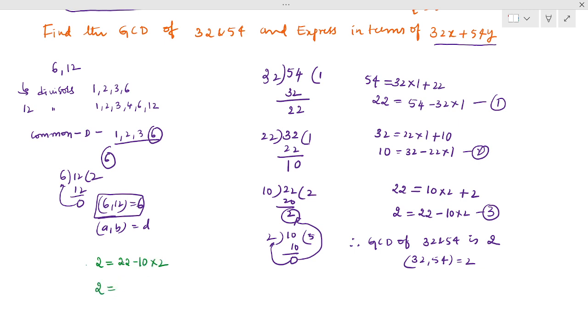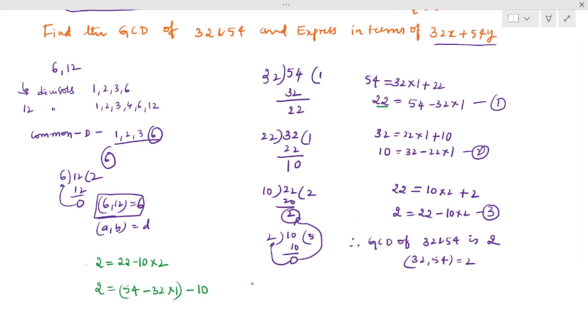2 is equal to 22. What is the value of 22? Substitute it: 54 minus 32 into 1, minus 10. What is the value of 10? 10 is from equation number 2. Just substitute the value of 10.